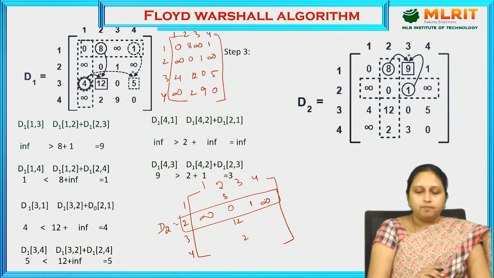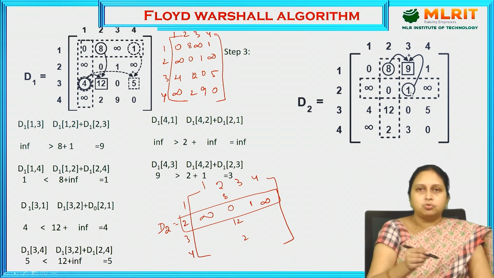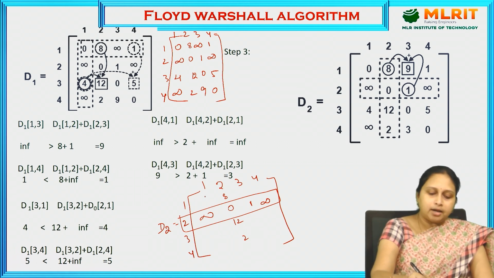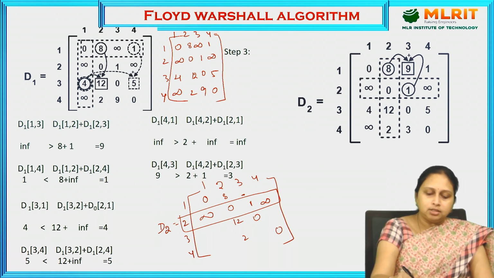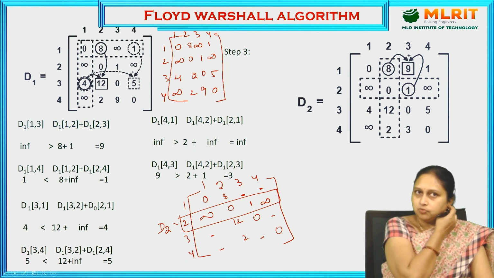Okay. We need to leave these two, the row and column of the second vertex, and based on that we need to find the remaining values, and the diagonal values won't change, it will always be 0. Now what are the values we need to find here? D of 1, 3, D of 1, 4, D2 of 3, 1 and D2 of 3, 4 and D2 of 4, 1 and D2 of 4, 3. These are the values we need to find out.